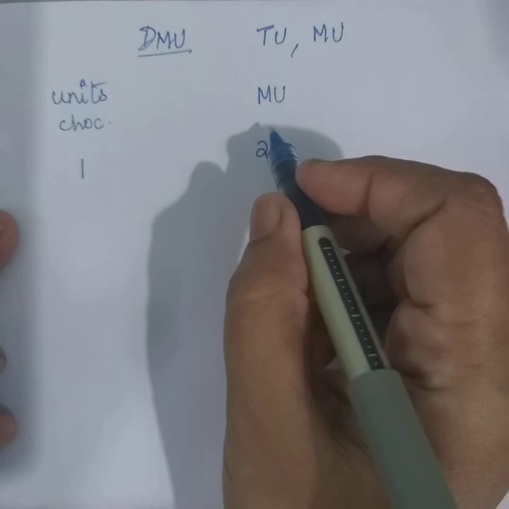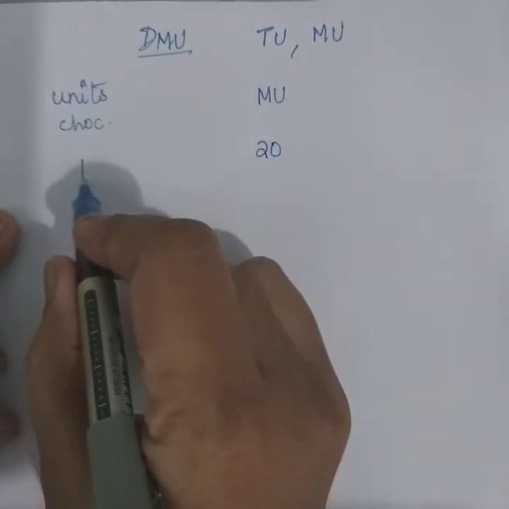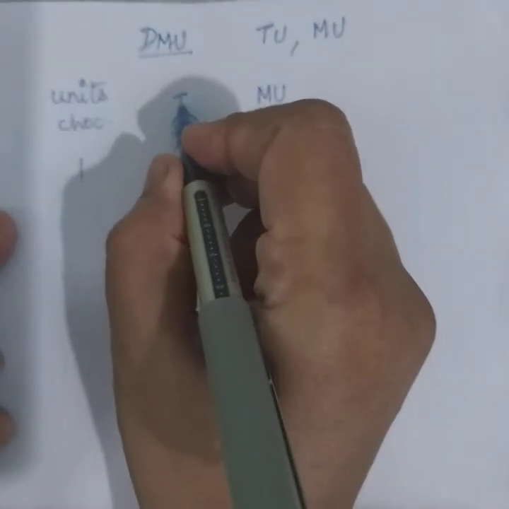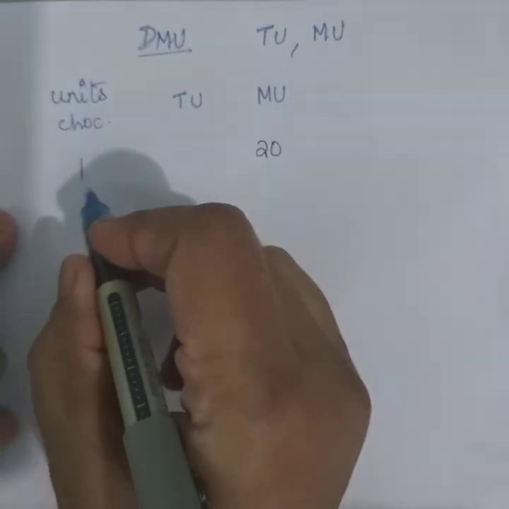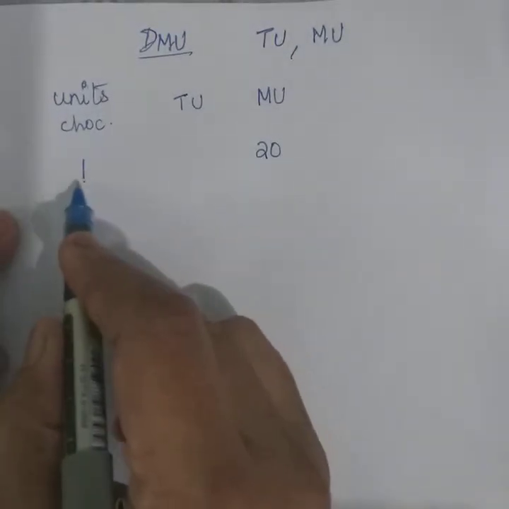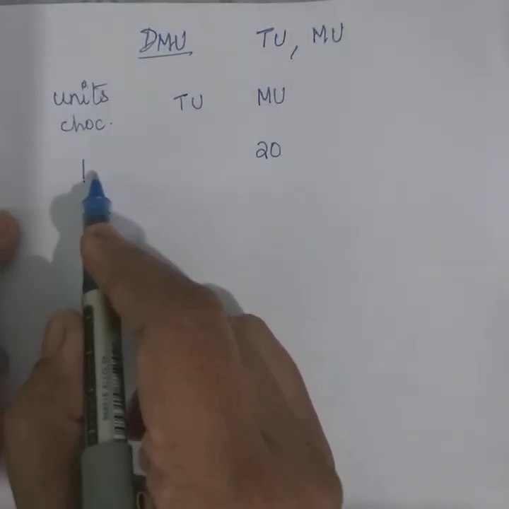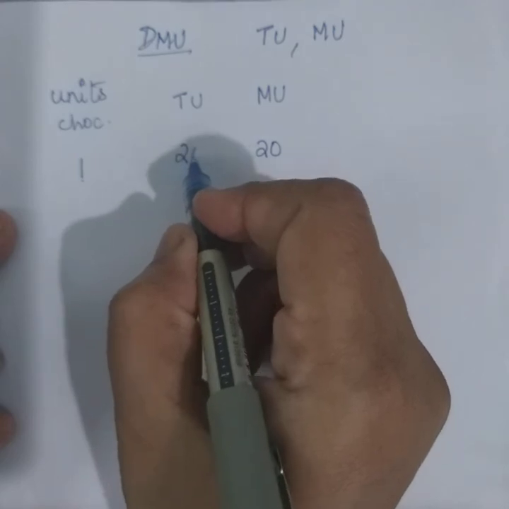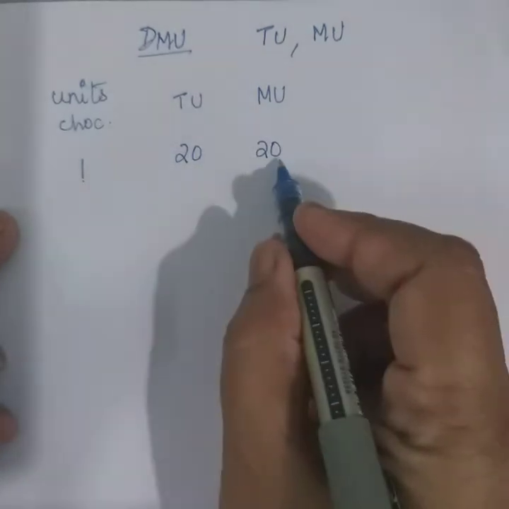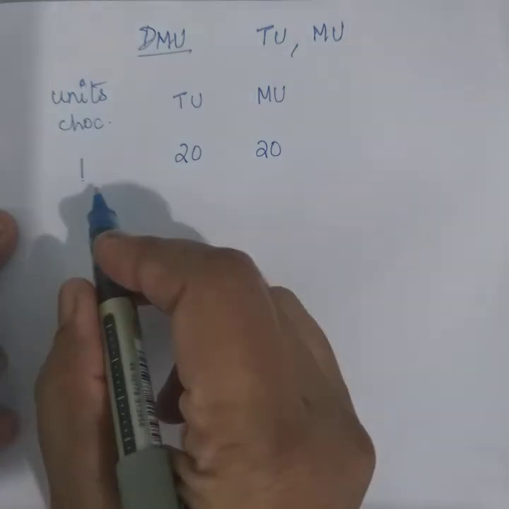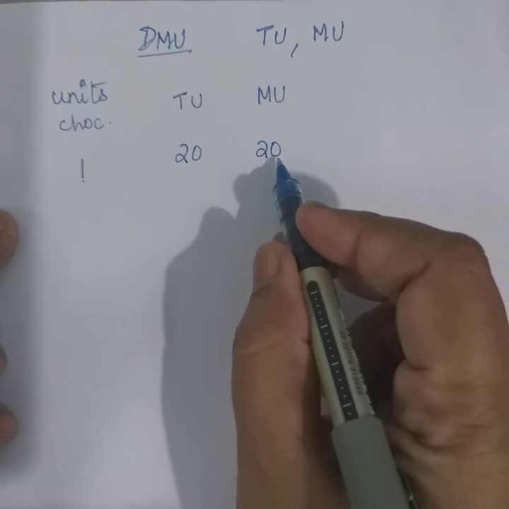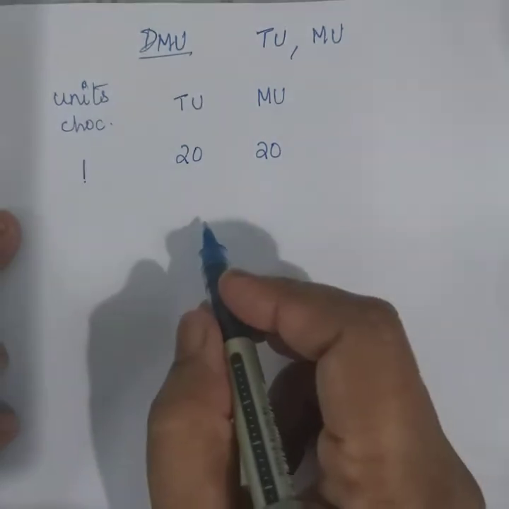Remember that the first unit is the last unit, so the total utility from consuming 1 unit of chocolate will be 20. Since this is the initial unit, the total utility will be the same as marginal utility.